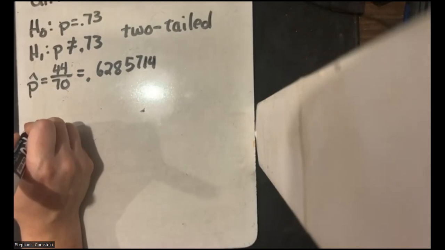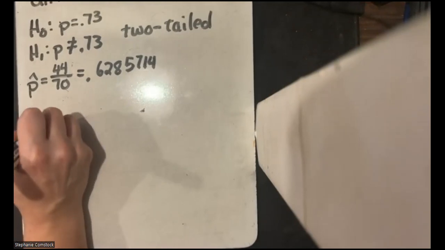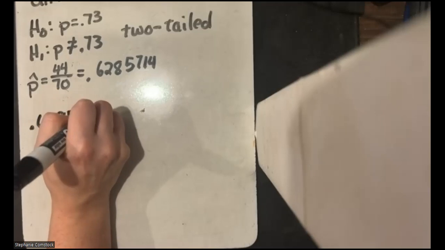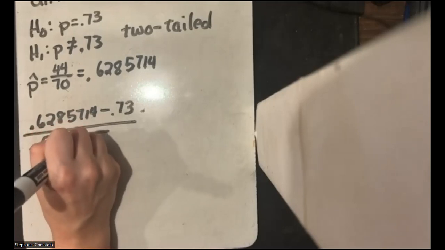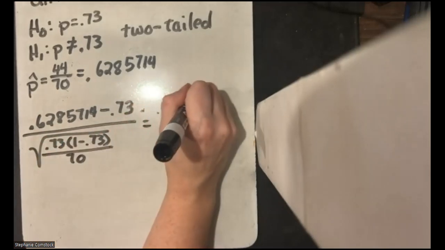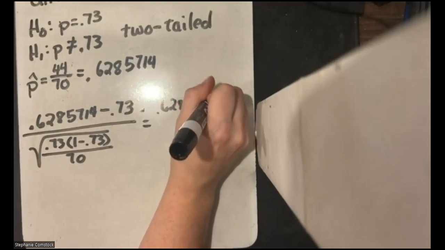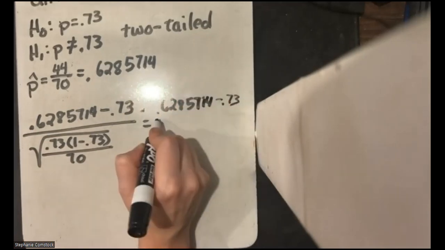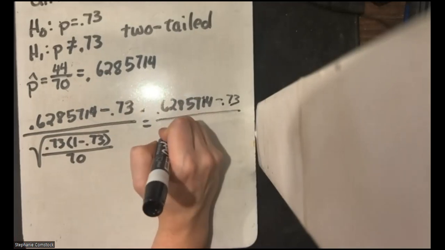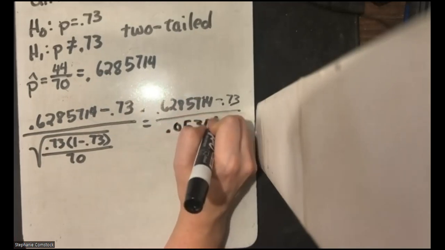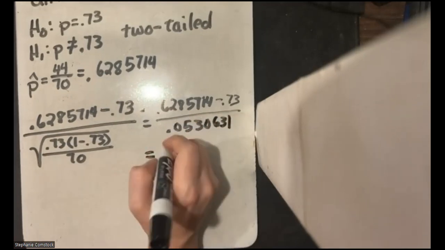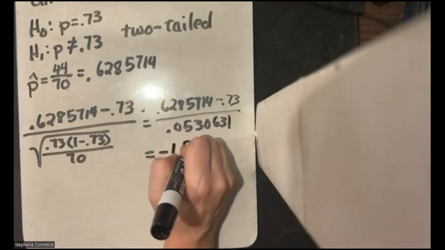Okay, so now finding our test statistic, I've got 0.6285714 minus 0.73 over the big square root of 0.73 times 1 minus 0.73 over 70. This is going to give me negative 1.91.